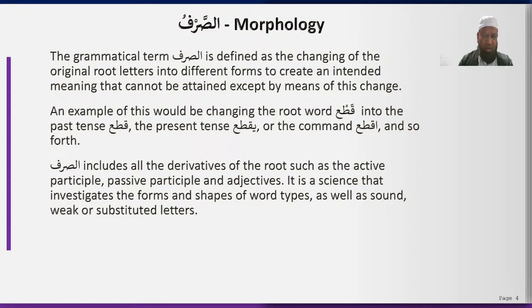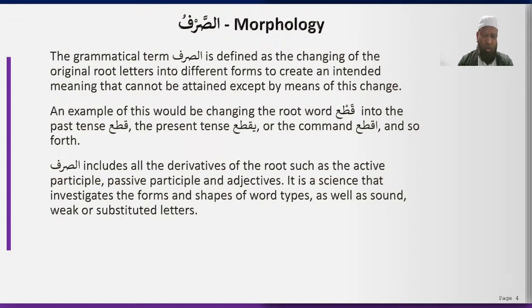The grammatical term as-sarf is defined as the change of the original root letters into different forms to create an intended meaning that cannot be attained except by means of this change. An example of this would be changing the root word qata, which is the qaf, ta, ayn, into the past tense qata'a, the present tense yaqta'u, and the command iqta', and so forth.